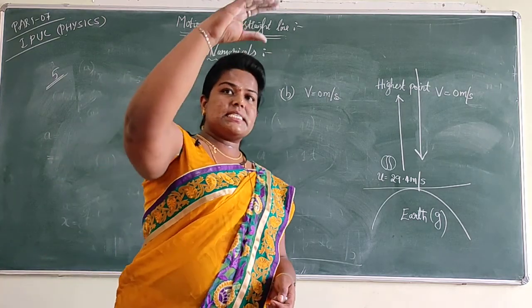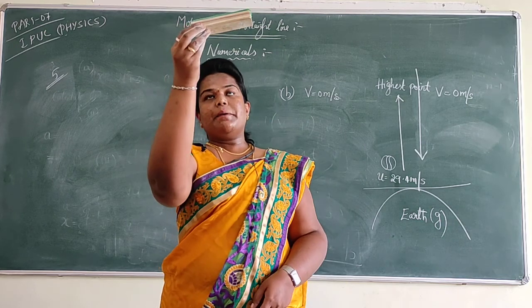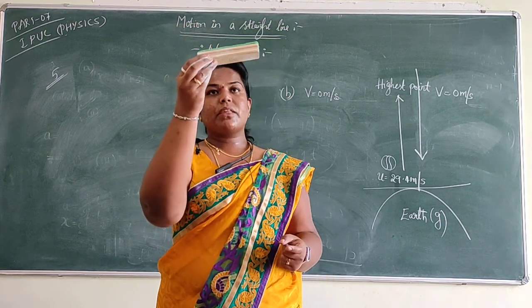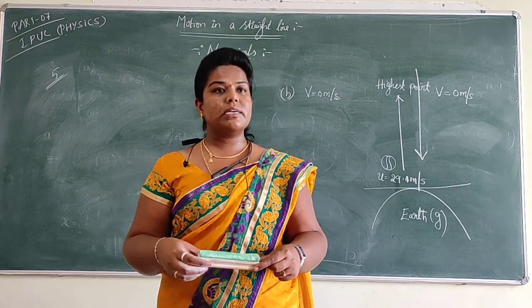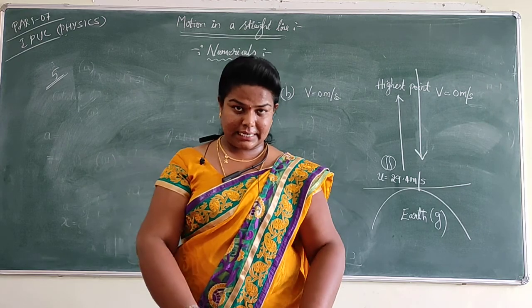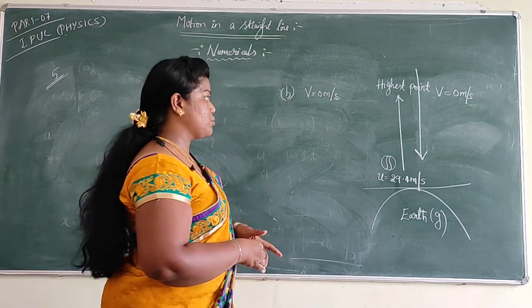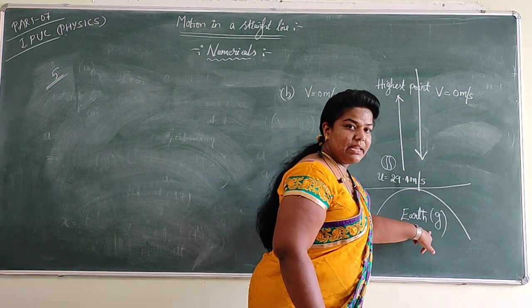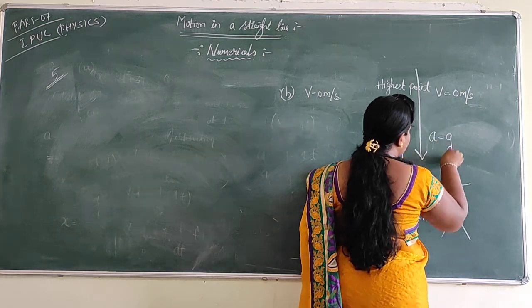Now, the object has reached some height. The earth is going to attract this object, as there is a force of gravity pulling it downwards, whose acceleration acts downwards. So the acceleration is equal to the acceleration due to gravity, a is equal to g.